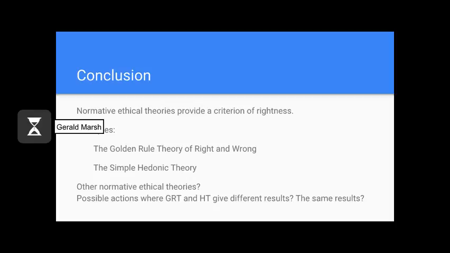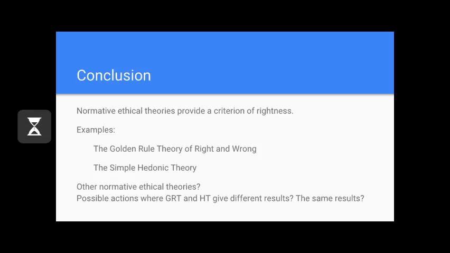So in conclusion, we observed that normative ethical theories are an attempt to provide a criterion of rightness, where a criterion of rightness is a condition such that any action that satisfies it is a morally right action, and every morally right action is an action that satisfies it.